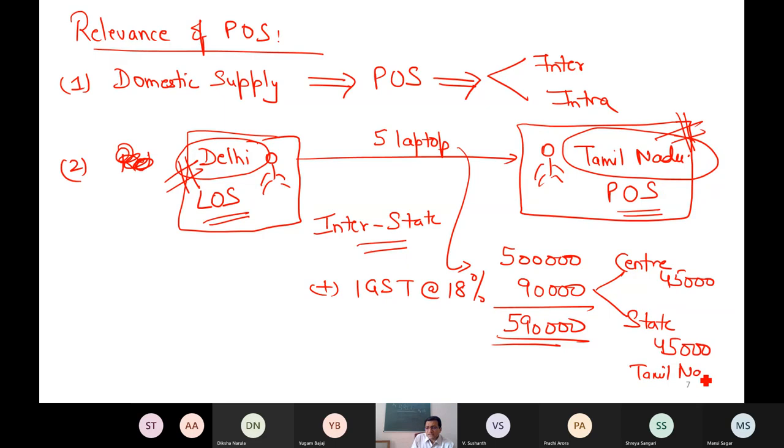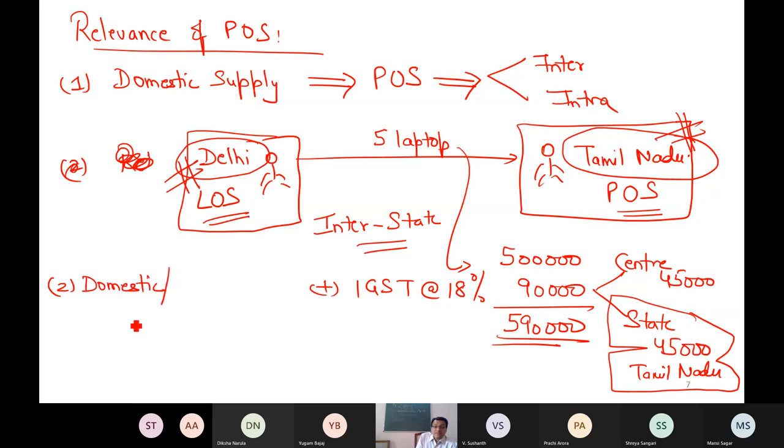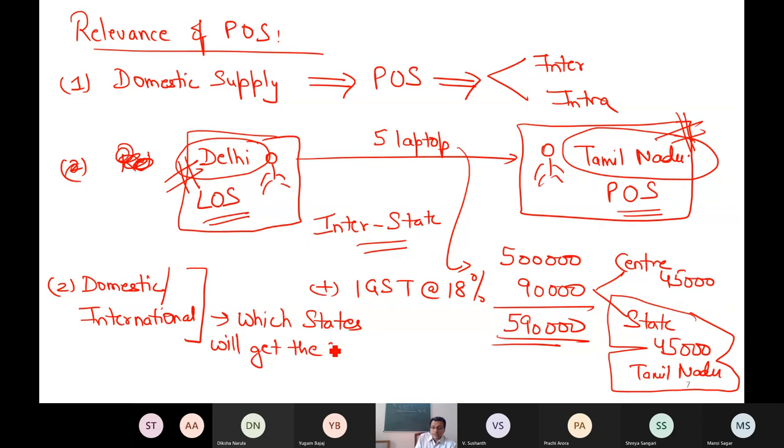It not only tells me whether the supply is inter or intra; the second relevance is that it tells me which state gets the revenue. And that is applicable for domestic as well as international supply. Whether it is domestic supply or international supply, which state gets the revenue will be told only by place of supply. Which concept will tell me this?